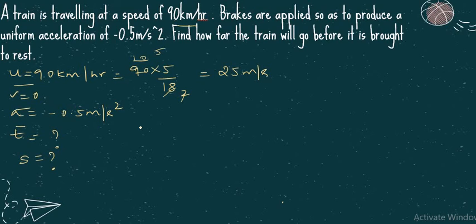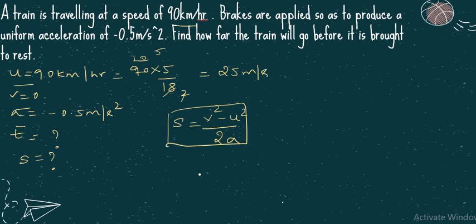Then I need to substitute, okay? Sorry, here, what is that value I need to take? That is s equals v square minus u square by 2a, right? This is the formula. So what is v square here? 0, and u square as 25 square divided by minus 2 into 0.5.